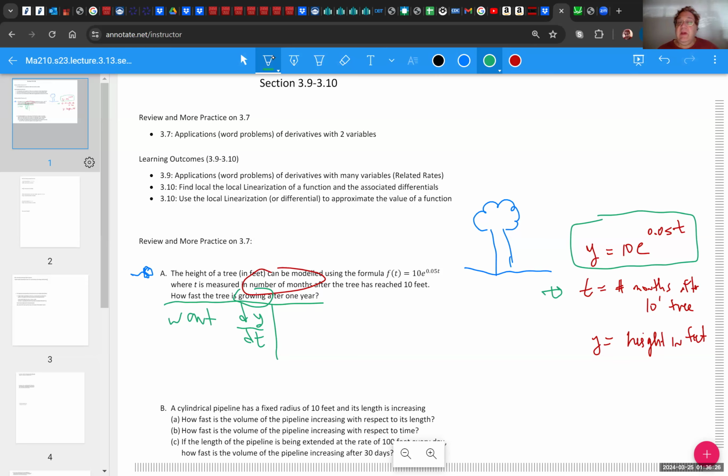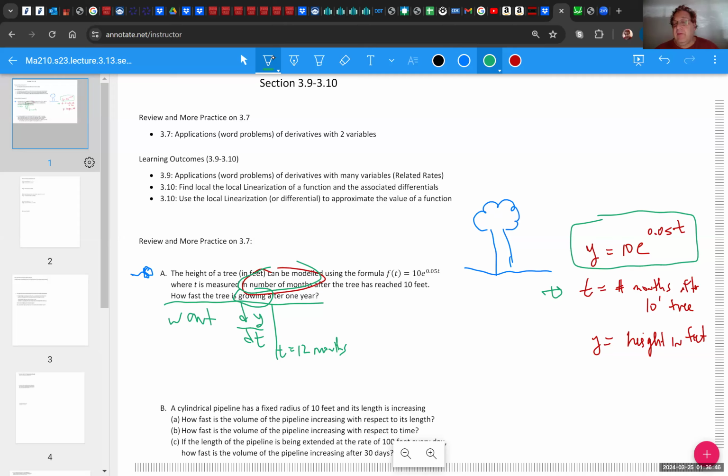Why is it measured in months? Because we were told in the problem it was measured in months. So the evaluation of this derivative is not at 1 year, it's at 12 months, which is equivalent to 1 year, but it's got to be 12 because it's measured in months.